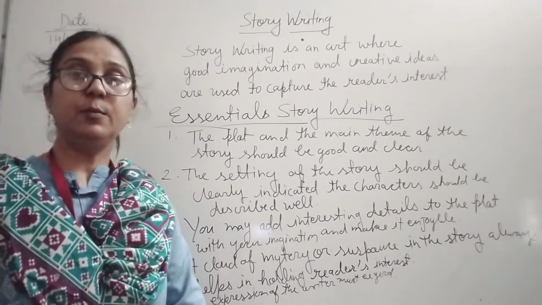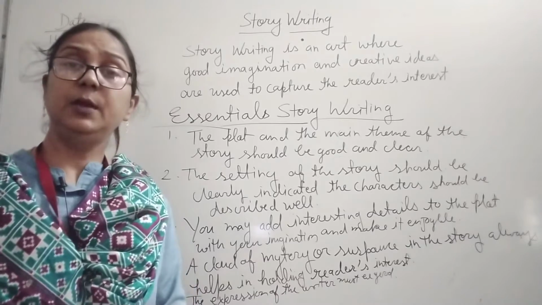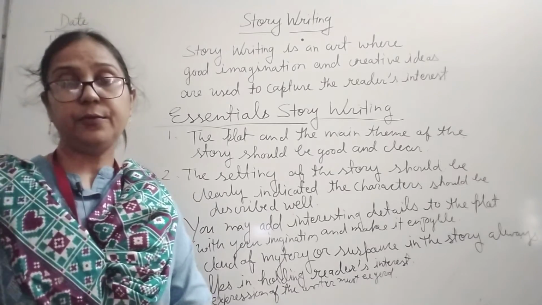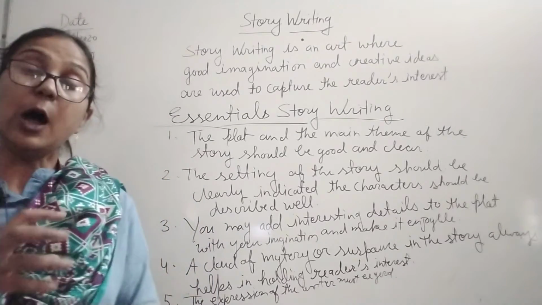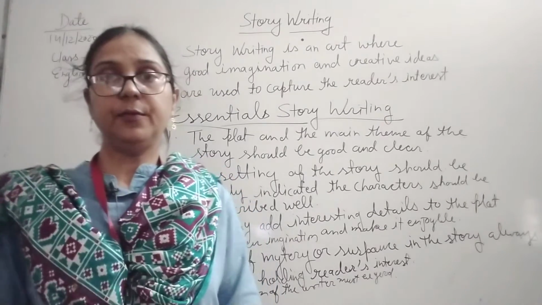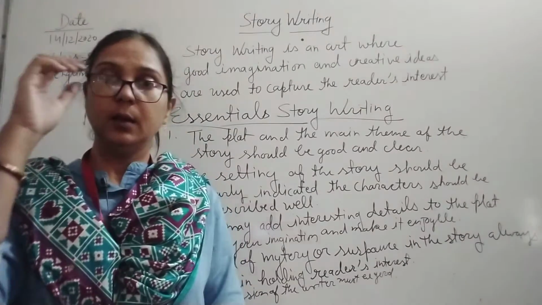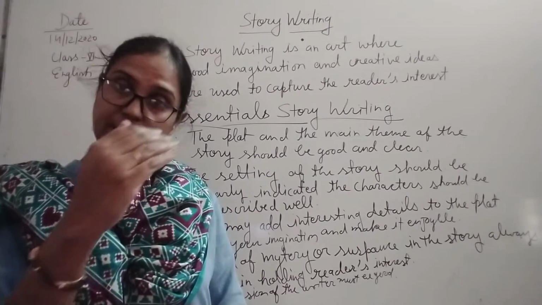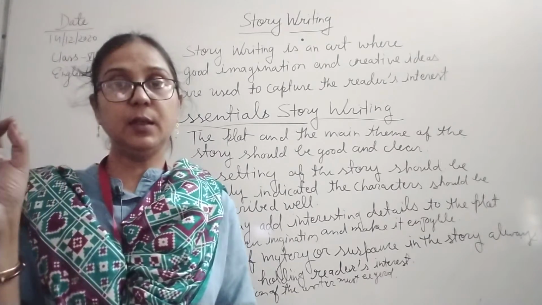Children, now we are moving to developing a story from given outlines. If the story's outline is given over there, how do we develop it? If it is written, once there was a king and queen, you have to develop the story, and then the middle outline is also given.